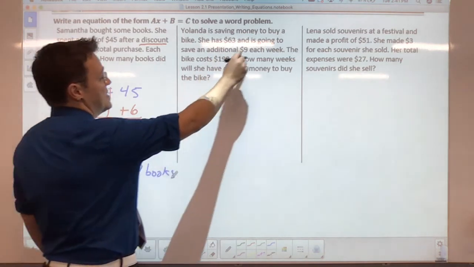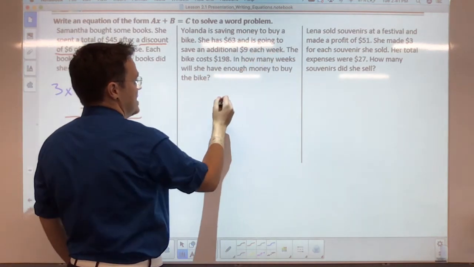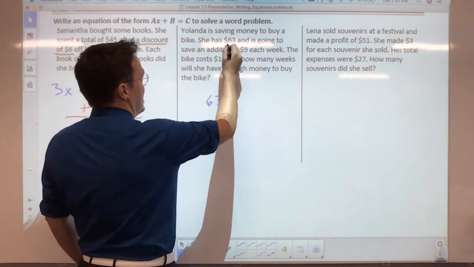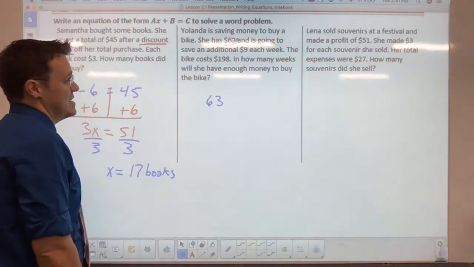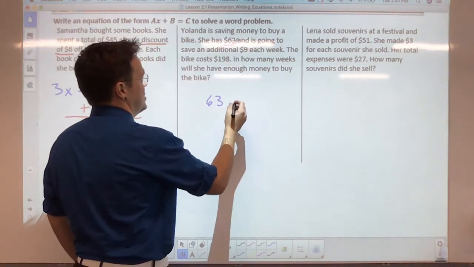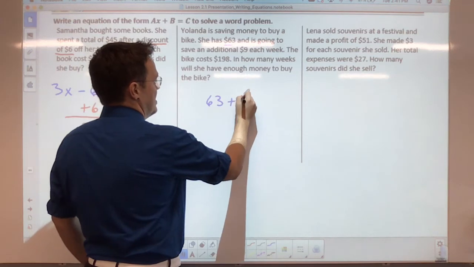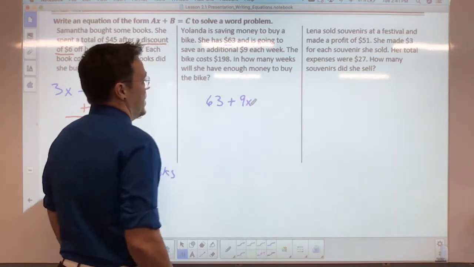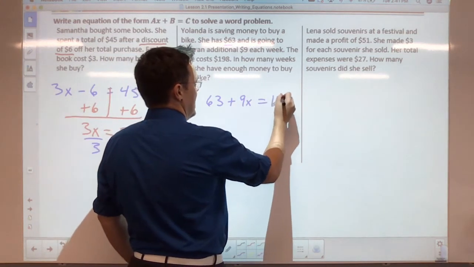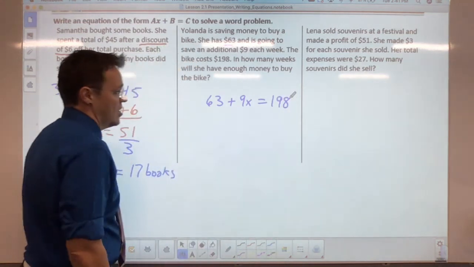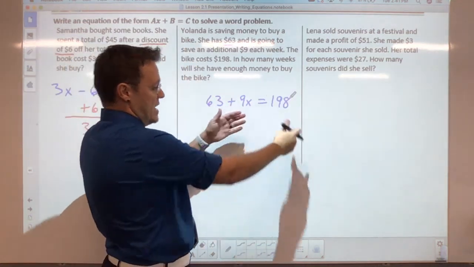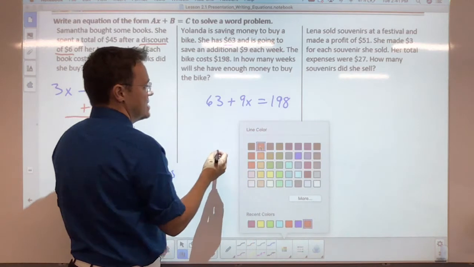Yolanda is saving money to buy a bike. She has $63 and is going to be saving an additional $9 each week. The bike costs $198. How many weeks does she have to go? You'd want to make both sides equal to each other, just like this, simple enough.